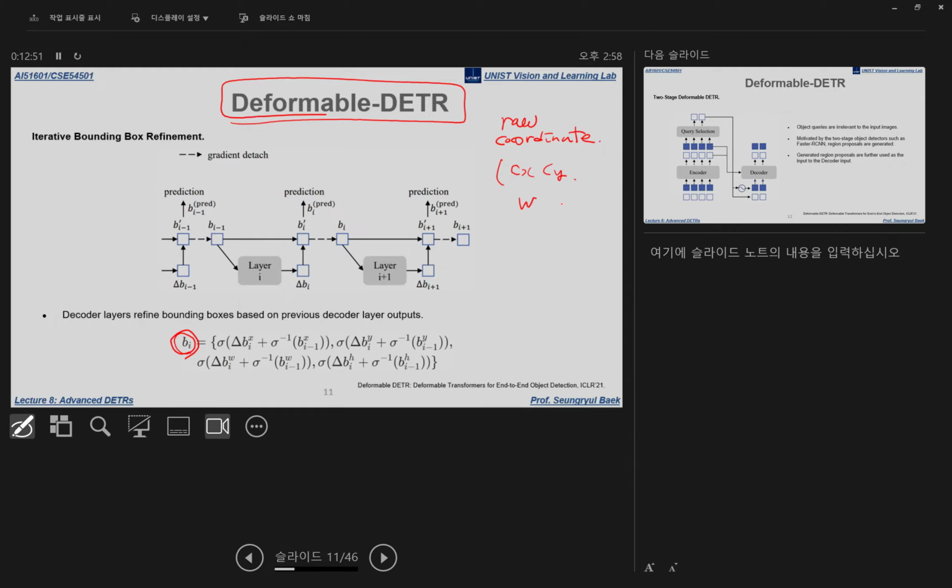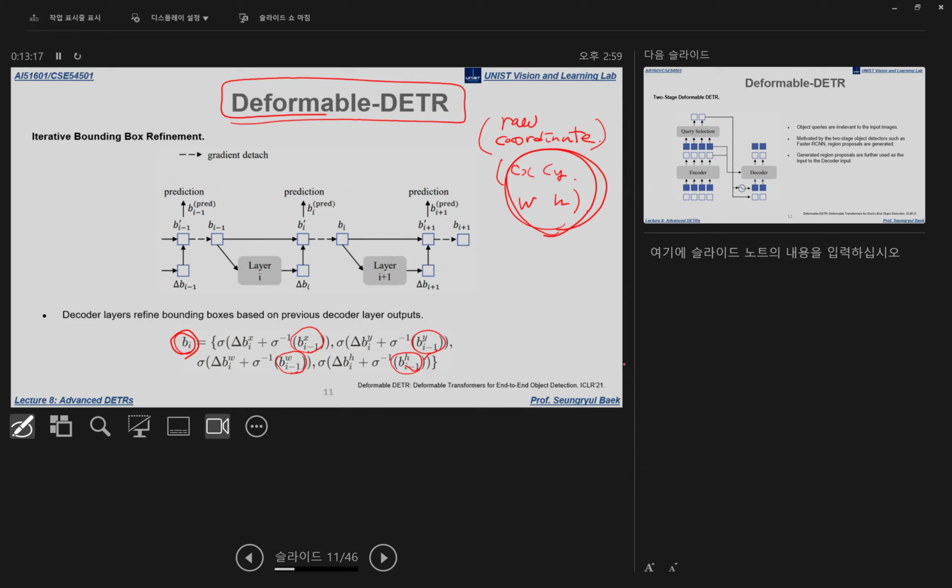Their width and height were estimated from the DETR's head. Their coordinate values are of course normalized, but those values are estimated from the head of the DETR previously.